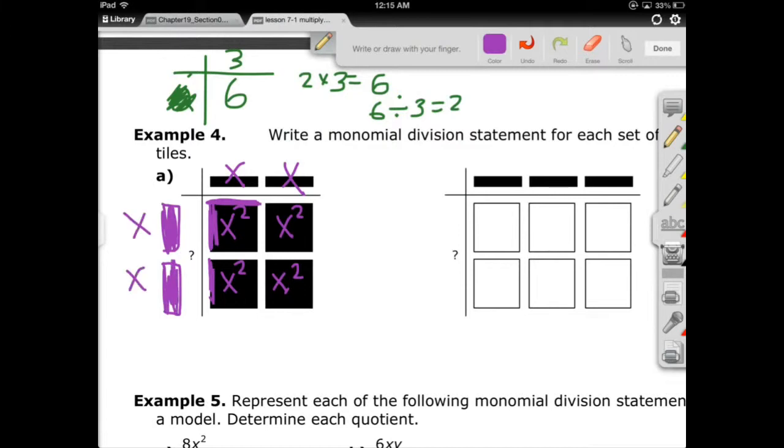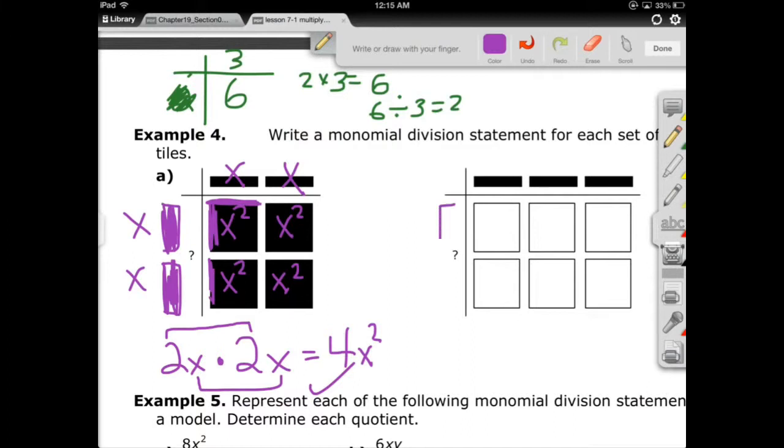There we go. And if you want to check it with symbolic math, 2x times 2x gives you 4x squared. Check. Correct.